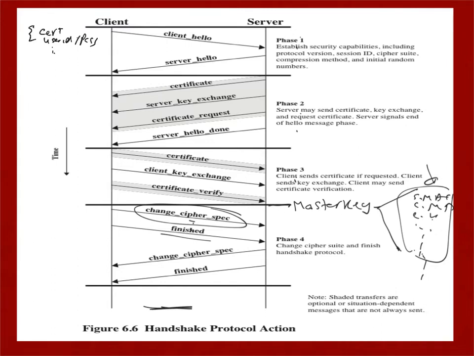Most of the time, it uses certificate as the first preferred choice. But if you don't have this, I can provide you with user ID and password. And if you don't have this, I can connect without user ID and password. So these are the different methods that I have.